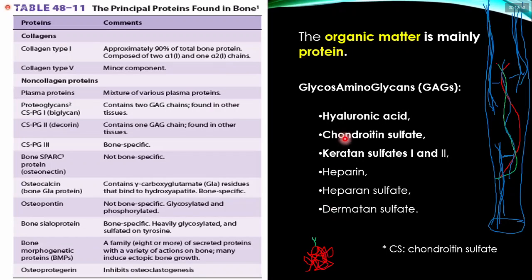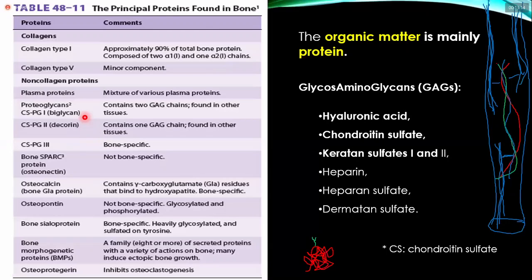We have hyaluronic acid, for example, chondroitin sulfate, keratan sulfate type 1, type 2, heparin, heparan sulfate, dermatan sulfate. All these molecules are known as GAGs or glucosaminoglycan molecules, and they are the major component of the proteoglycan proteins. As you can see, the first two types are non-bone specific.